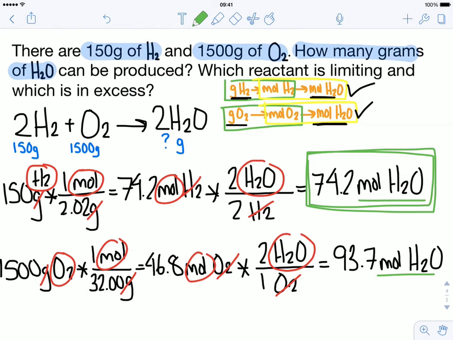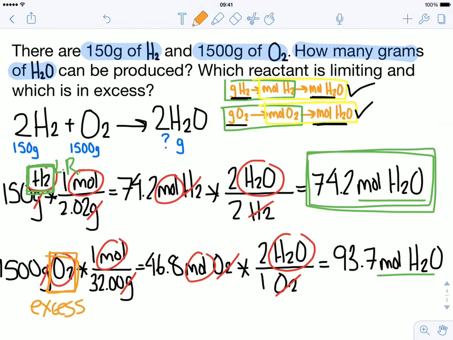Now, which reactant produced that amount of moles of water? H2. Since H2 produced the smaller amount of moles of our product, that means that H2 is our limiting reactant. And since H2 is the limiting reactant, that means that O2 is what's in excess.